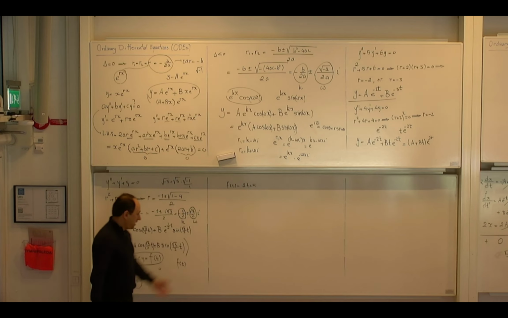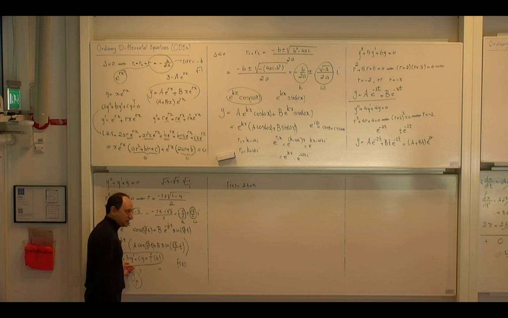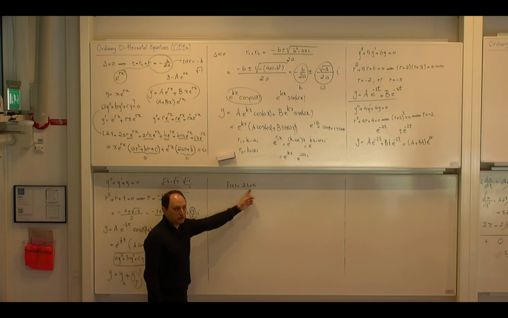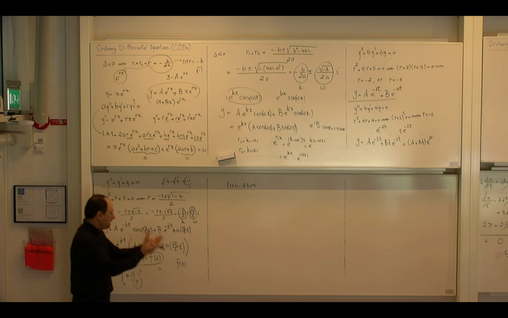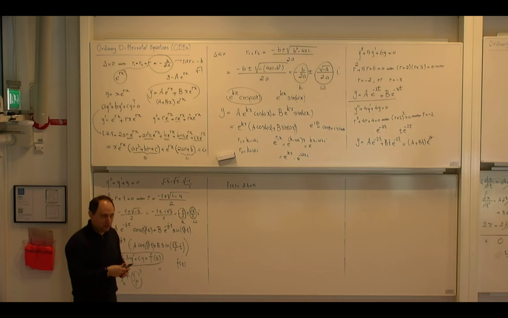So is it a good idea to put a logarithmic function here? No sense. Trigonometric functions here? No sense. The only type of function that might make sense for this case is what? A polynomial. Because if I guess a polynomial, when I put it here, it remains a polynomial. If I differentiate the polynomial, it remains a polynomial. One multiplied by b is still a polynomial. This is also a polynomial. So it means that the left-hand side will be a polynomial. The right-hand side is also a polynomial. I have some chance to make it work, yes?